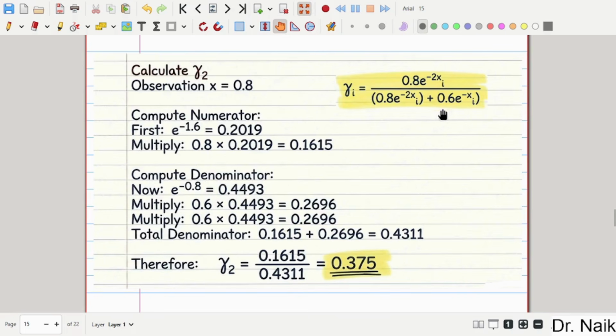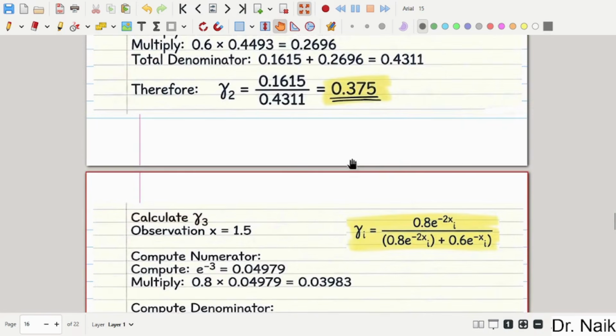Multiply this with 0.6, so 0.2696. Now add this to 0.1615. So the total denominator is 0.4311. So gamma 2 is 0.1615 divided by 0.4311, which is equal to 0.375.